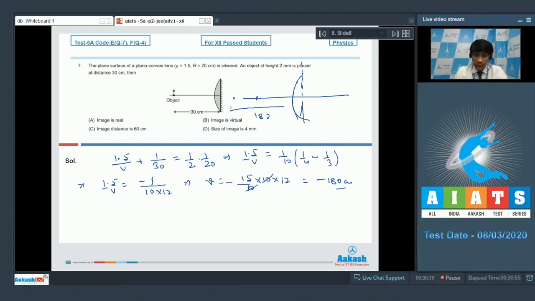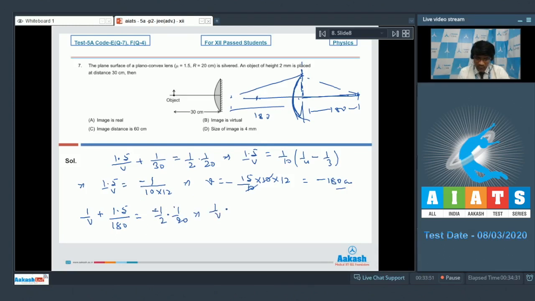So this mirror will experience as if the ray is coming from this point. So after reflection from the mirror now, it seems like the ray is actually diverging from 180 centimeter from this side. So this surface would again refract the ray which is actually coming from 180 centimeter on this side. Mu by v, mu here it is 1 divided by v minus on this side it is 1.5 and the distance is how much? 180, must be equal to minus 1 by 2, and this radius of curvature is minus 20 this time, so it will be 1 by 20.